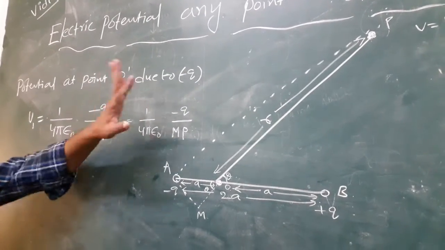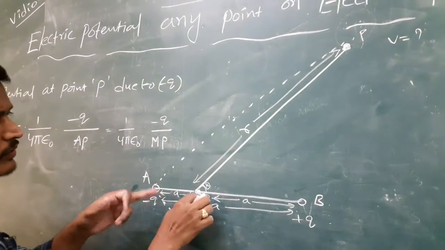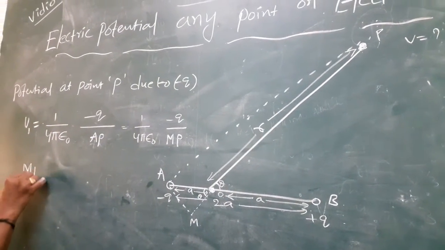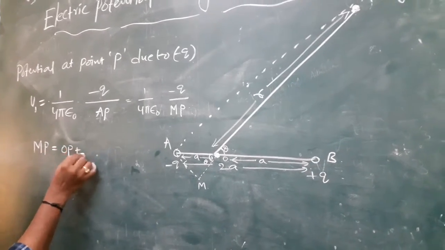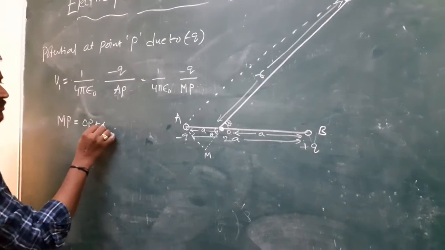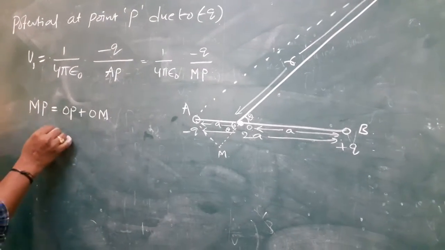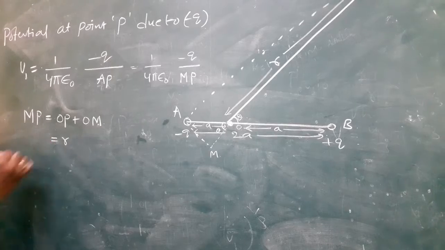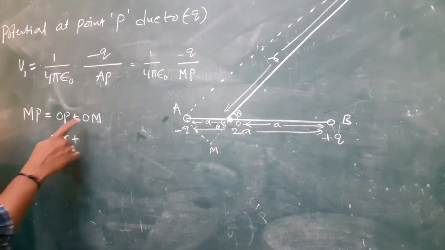We can measure this MP. MP is equal to OP plus OM. OP is nothing but r, up to this point, plus OM.